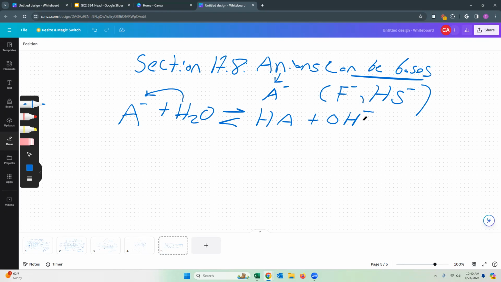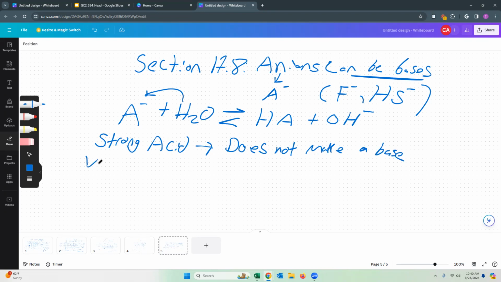So really, we have to know which anions would be strong bases. And there's one thing we have to realize. A strong acid does not make a base. A weak acid does make a weak base.